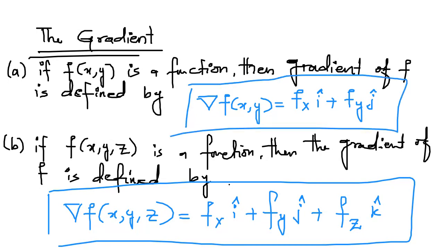So I will give you one example. It is very simple: you just calculate the partial derivatives and write them in vector form.